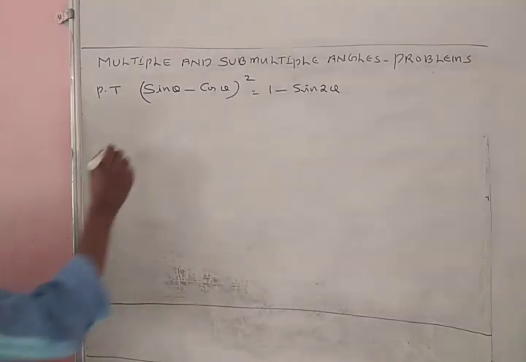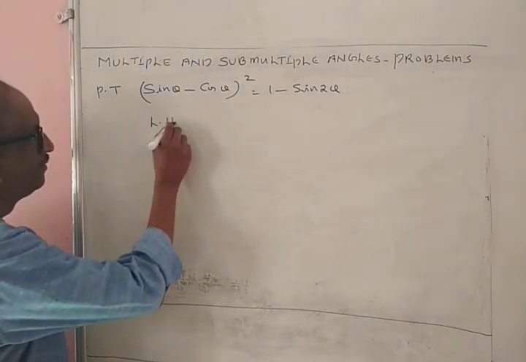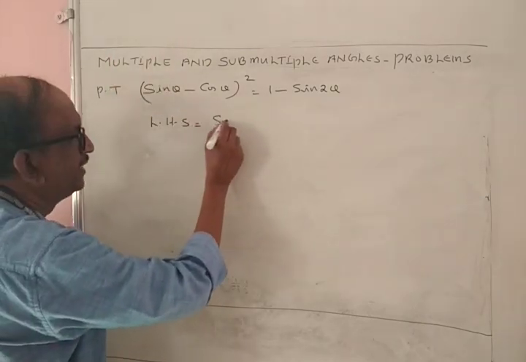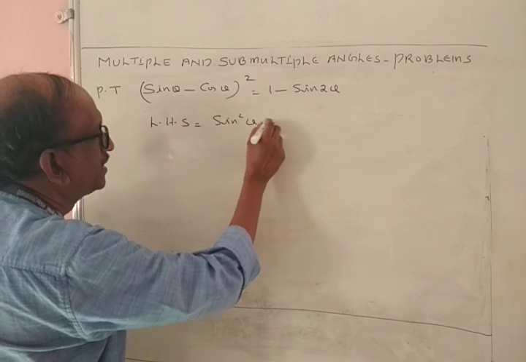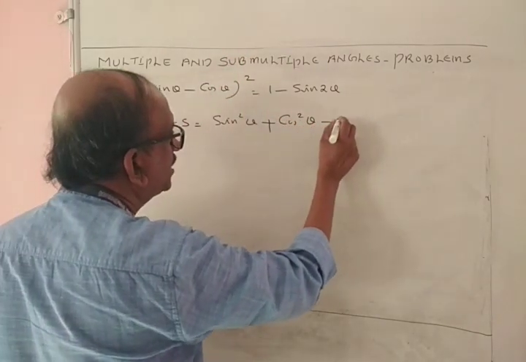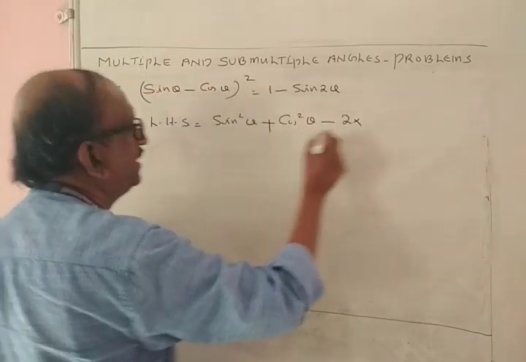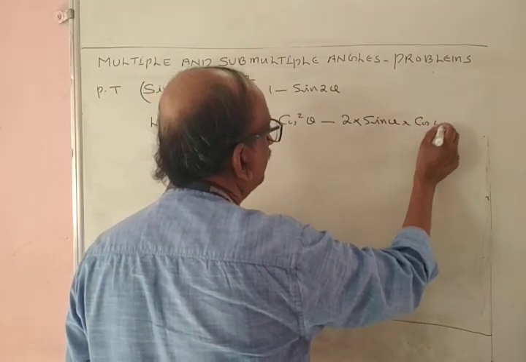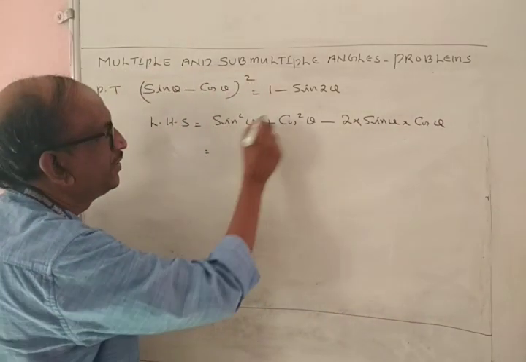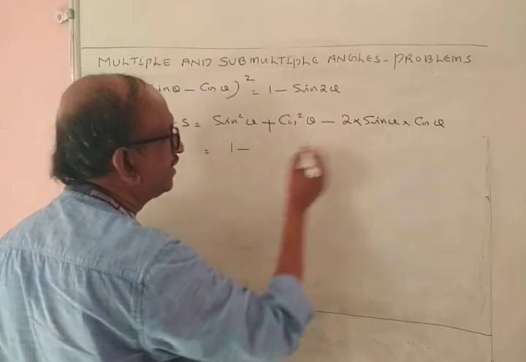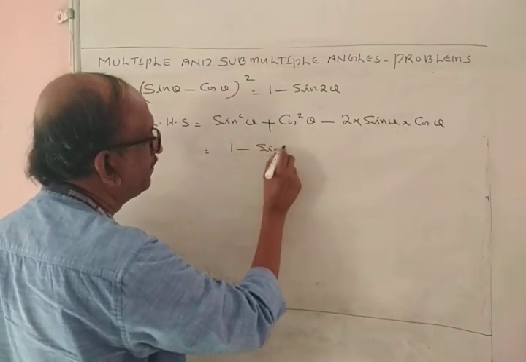So left hand side: this is a squared, sin squared theta, plus this is b squared, cos squared theta, minus 2ab, 2 into sin theta into cos theta. Sin squared theta plus cos squared theta is 1. Minus 2 sin theta cos theta is sin 2 theta.